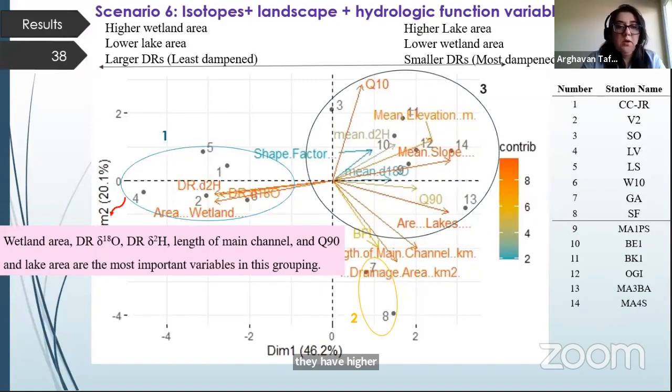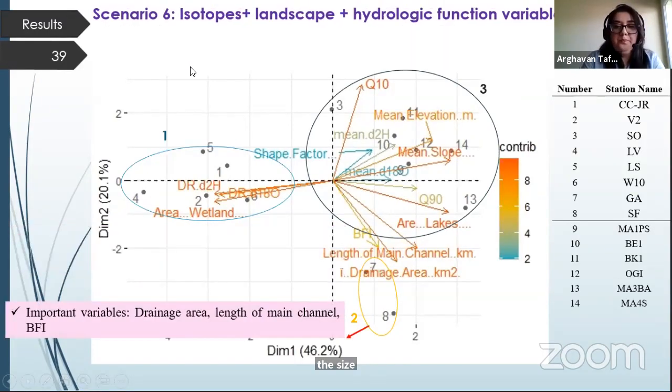Also, for cluster number 1, related to SNF subcatchments, wetland area and damping ratios were really important variables for clustering these together. Along the horizontal axis, on the right side, we have sites with higher lake area that are also more damped, and on the left side, sites with lower lake area that are least damped too.